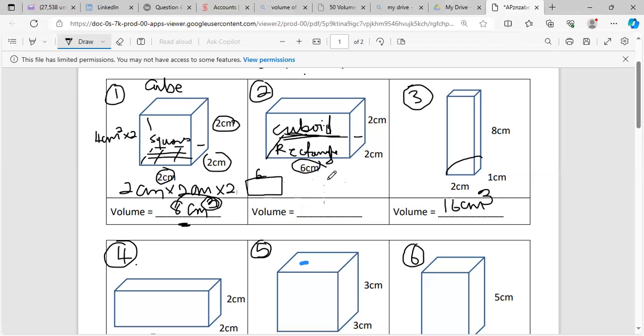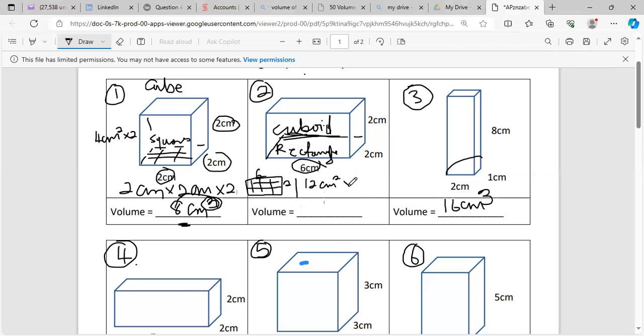What's the width? 2 centimeters. Very good. So guys, if we find the area of this particular rectangle, which is the base, what would be the area for it? Sir, 12, because you multiply, remember? 6 times 2 is equal to 12. Very good. So this would be 12 centimeters square.